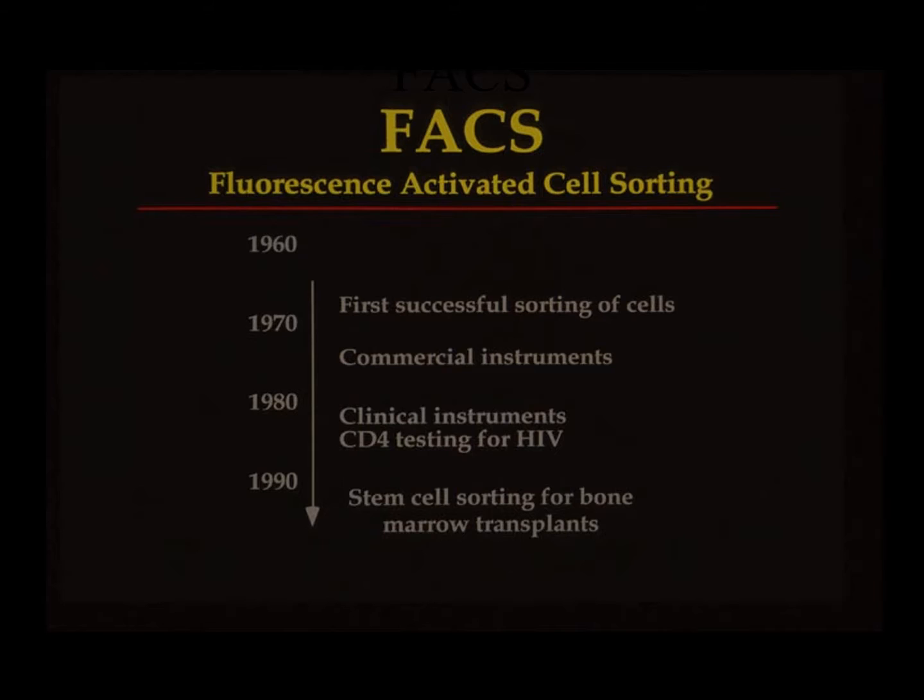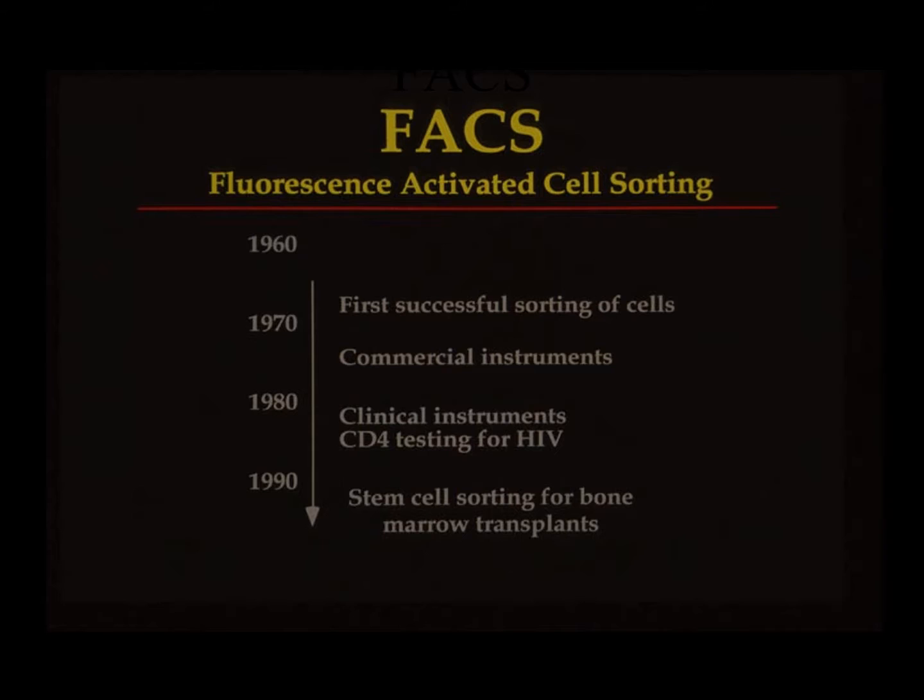And in the early 80s, the first real clinical application for FACS came about, which was counting the number of CD4 cells for AIDS. And this continues to be a very important clinical application, because there are many basic applications that we'll hear somewhat about today, and you probably know about many of them.